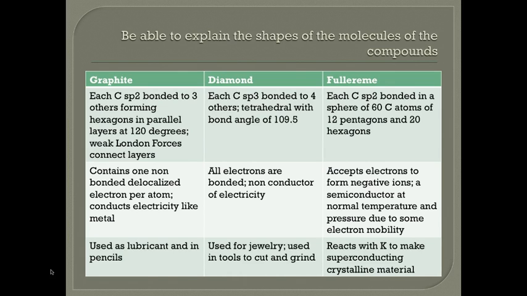But if you mix it with potassium, you can create a superconducting crystalline material. All of these allotropes are the same element. You see by the bonding the change in the properties.